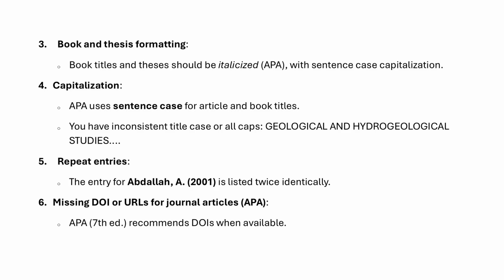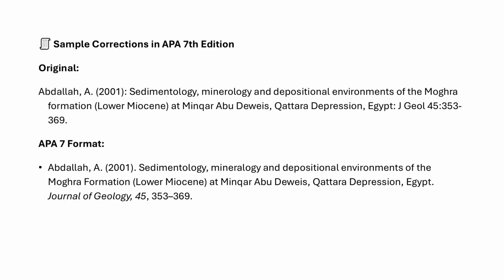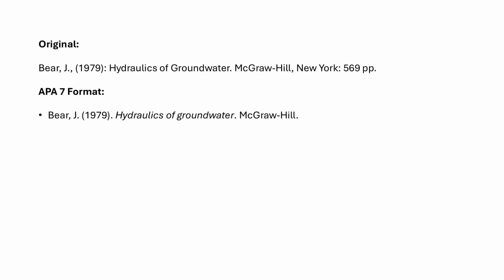Repeat entries: it found an entry repeated, and missing DOI or URL for journal articles, and it gives also sample corrections by showing the difference between the original, what's written, and the APA 7 format. Again, another example showing the correction.